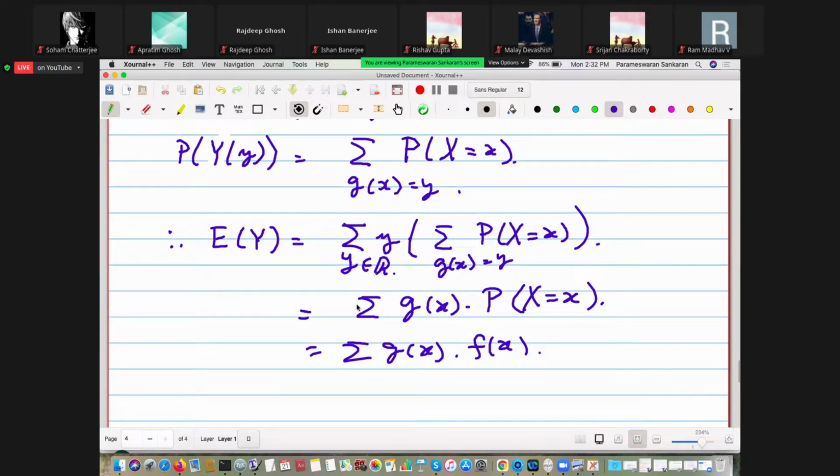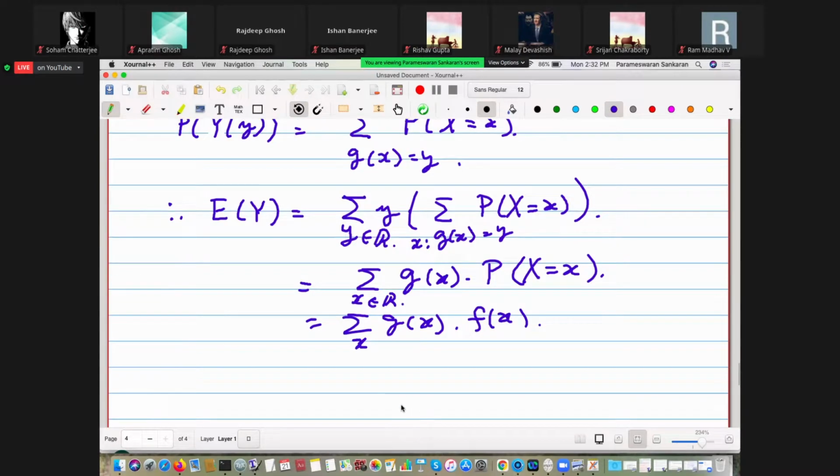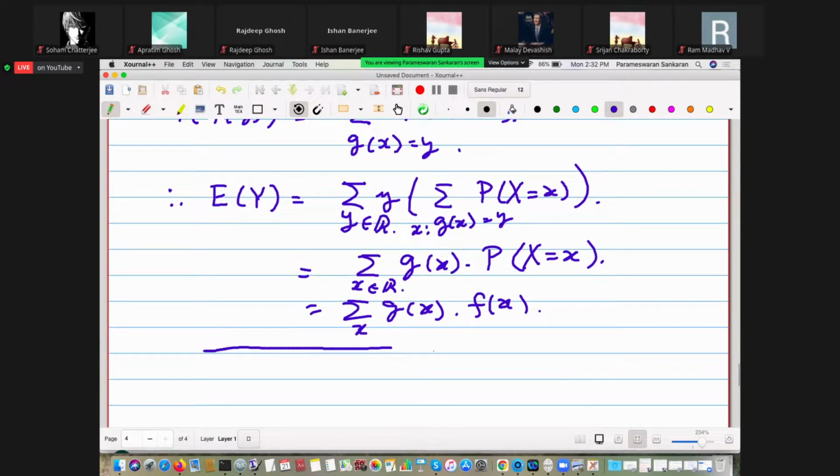Here x varies over all possible things, here x such that g of x equals y. That is what this summation is. But you have now reversed the order of the summation. And when you do that, because g of x equals y, this becomes g of x, and this is f of x. That's all. There is nothing more to say. You can apply this, and it leads to some important invariants. I will do that first.